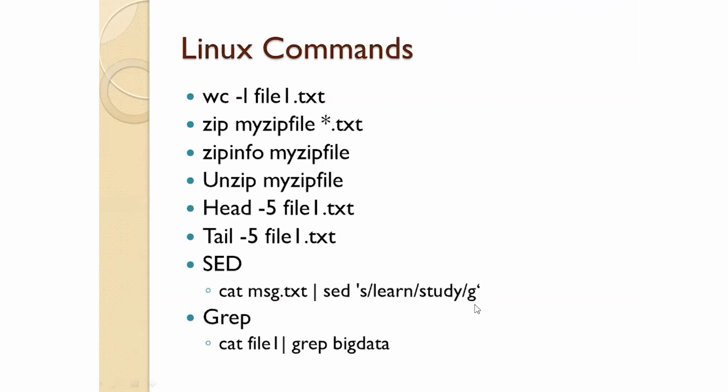If you remove this g, it will substitute only the first occurrence of learn with study. If you use g, it will substitute every instance of learn in this message.txt file with study.